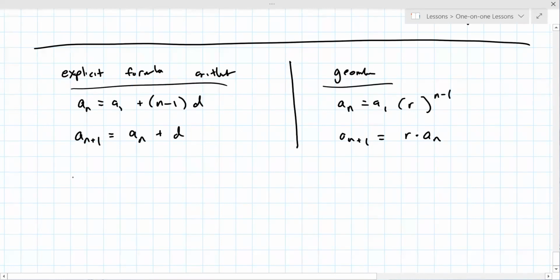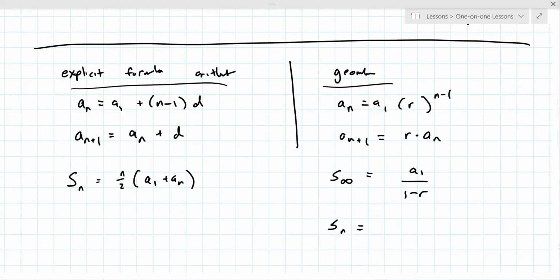And then the sum here, the sum for n terms is n over 2 times a1 plus an. The infinite sum, that's the more common one, is a1 over 1 minus r. You can do a partial sum here of these. Let me look up that formula.